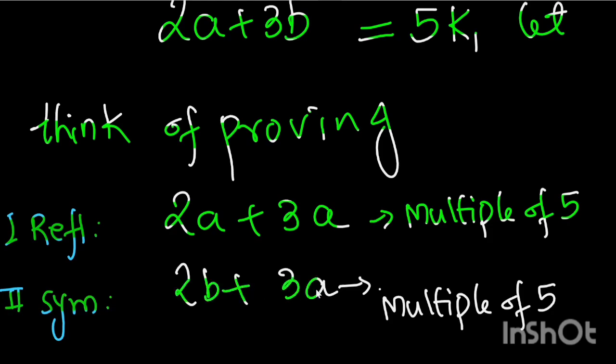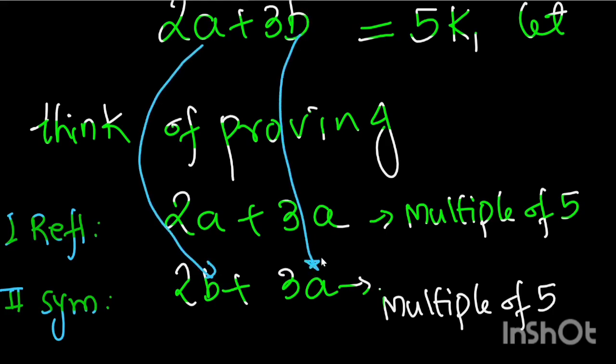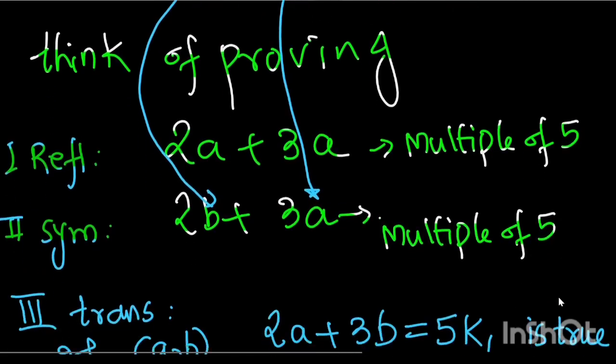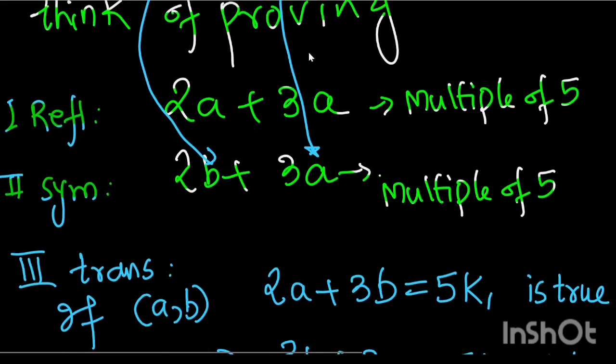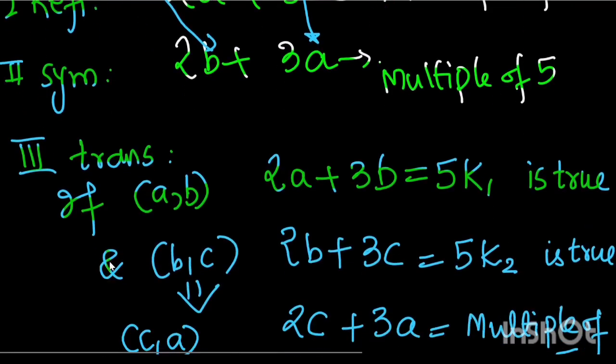Second, symmetric means 2b plus 3a. We are interchanging a and b here. A is replaced by b and b is replaced by a. So if (a, b) exists, we have to prove that (b, a) also exists, and it is also a multiple of 5. Third is transitive. That is, if (a, b), meaning 2a plus 3b is 5k1, is true, and (b, c), which is 2b plus 3c equal to 5k2, another multiple of 5.